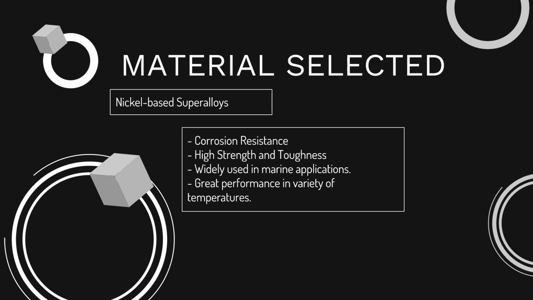As well, it is very strong and tough, and it's also very used in marine applications. Another important thing is that it is great at a high variety of temperatures. Usually marine temperatures are low, but we may encounter some fluctuations in the temperature. So this material will be great in that case.